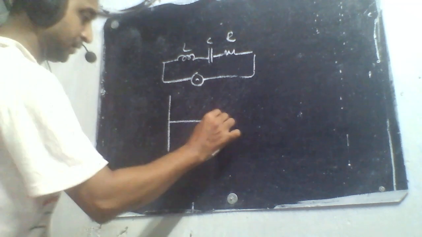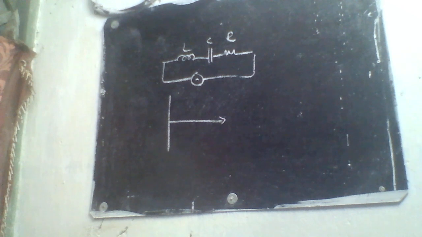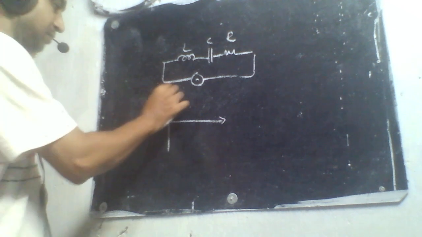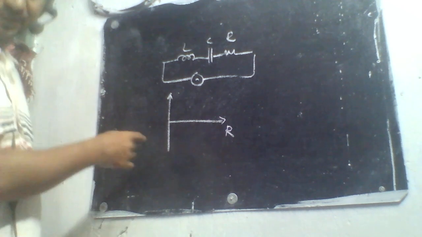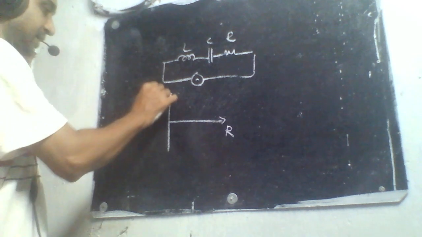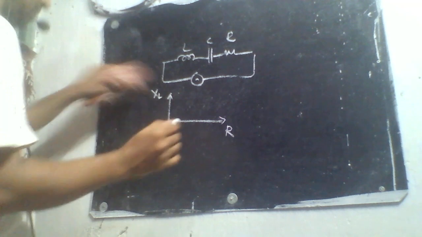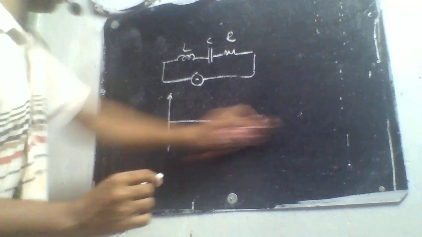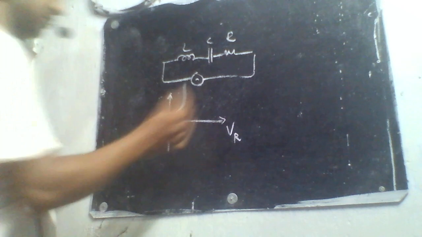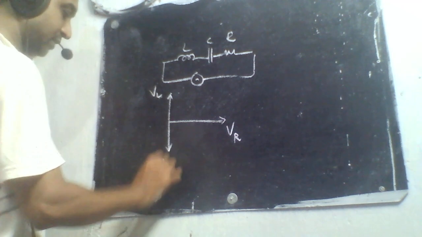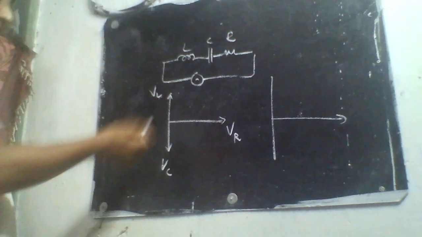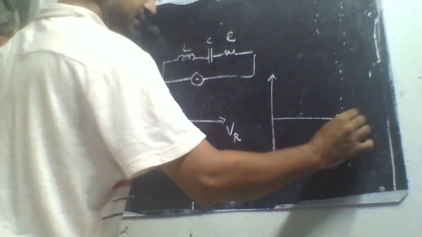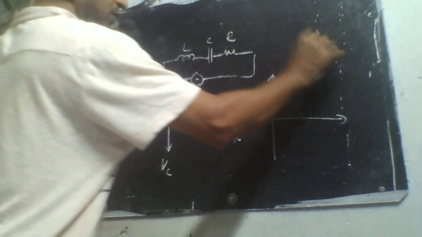So in this LCR circuit, normally we assume the inductor has more influence than the capacitor. They will write R here, then XL will be here. Better I will write in terms of the voltage: VR, the voltage across the resistor, the voltage across the inductor, and the voltage across the capacitor. If I assume the inductive nature is more, then I can write it like this, because V is equal to IR.